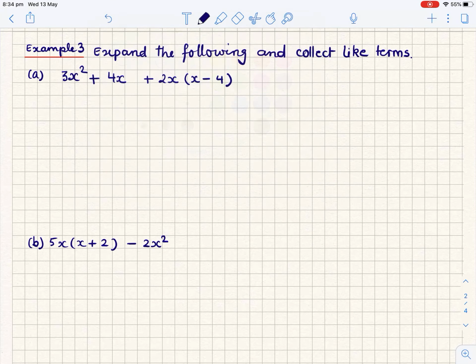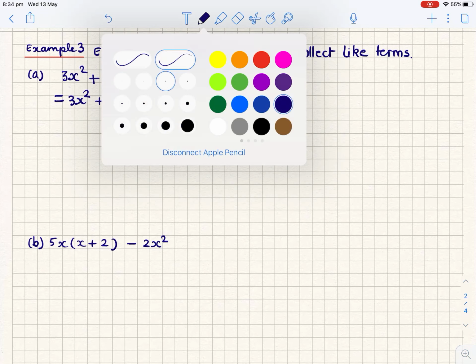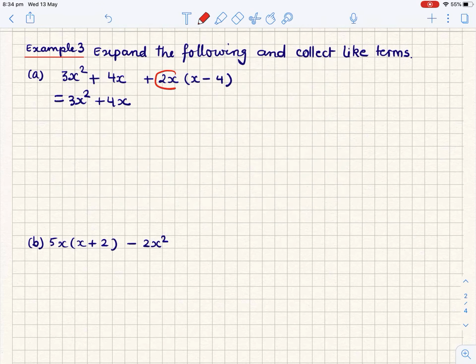So we write 3x squared plus 4x, and multiply each term of this bracket by 2x, and also note there is a positive sign, not a negative sign.